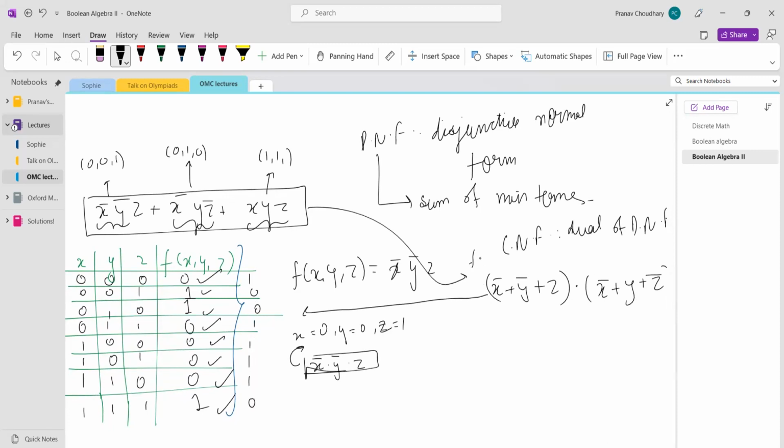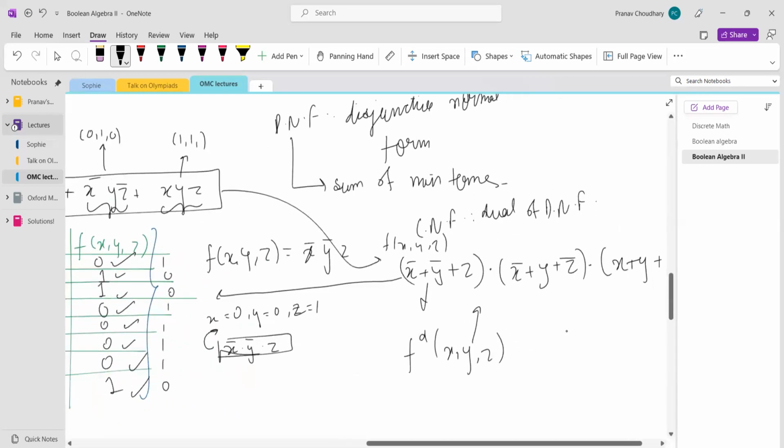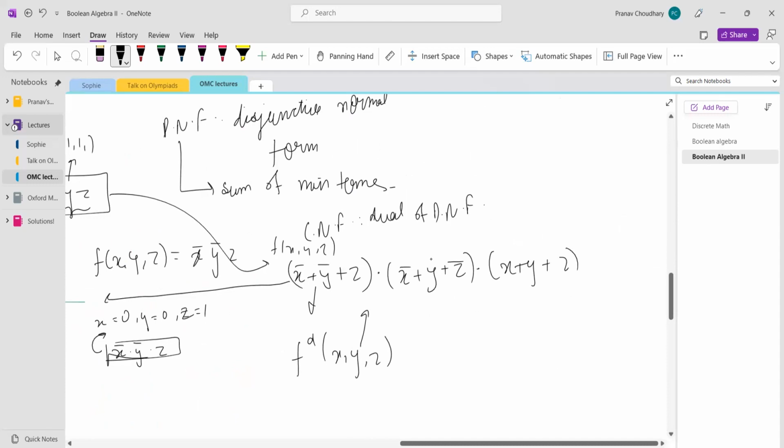Sorry, this is not the conjunctive normal form of f of x, y, z, but the conjunctive normal form of the dual of that thing. But it conveys the same idea. Dual is basically a product of sums of literals. Does that make sense? Yes or no?